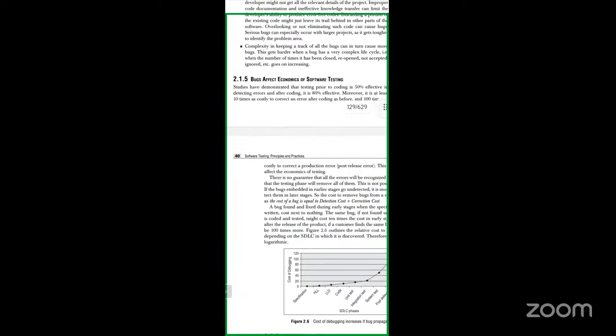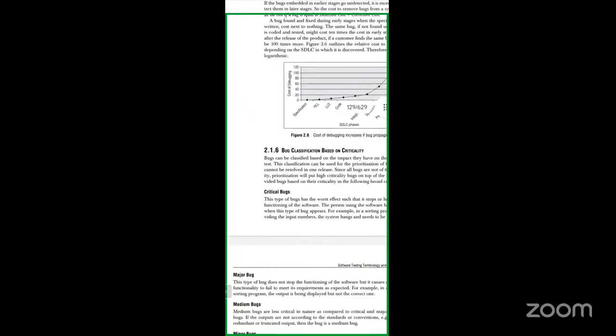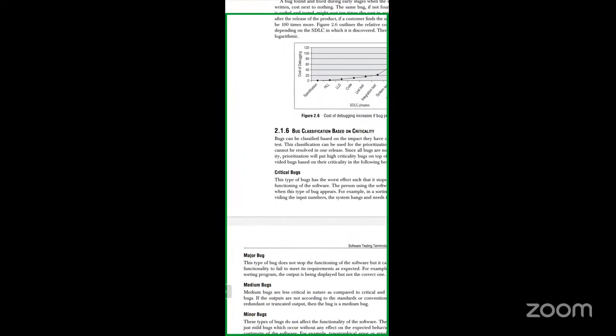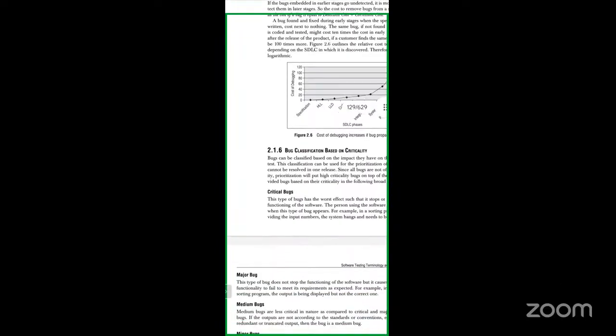That cost we call the effect on the economics of software testing. Okay, so that is the case of bugs affecting software testing.